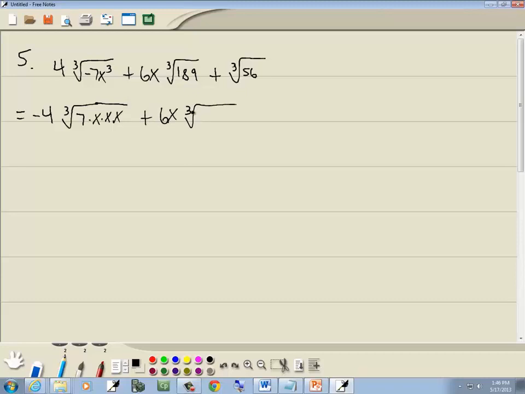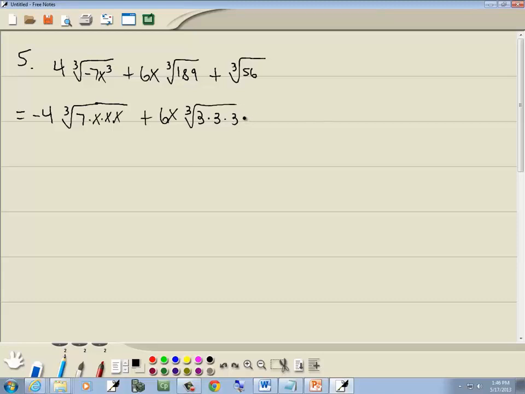I think 189 is 7 times 7 times 7, but let me double check on my calculator. What is 189? It's divisible by 3. 3 times 63. 63 is, boy, I was really off, 3 times 21.